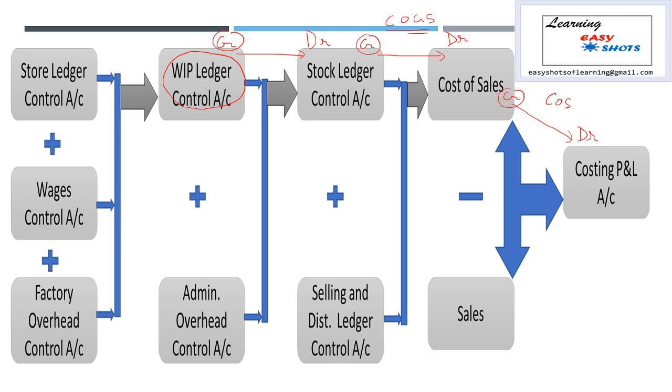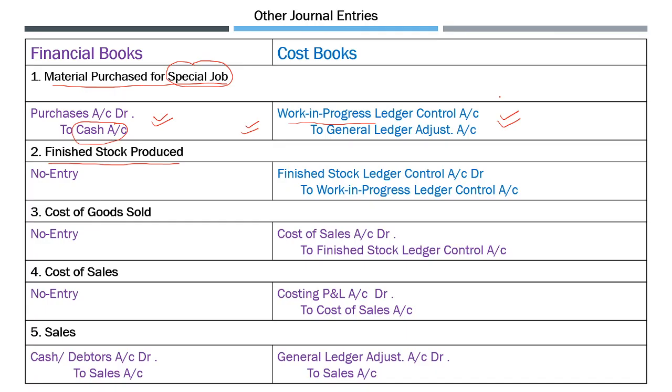So now we see the general entries. In case of finished goods, finished stock produced, we debit the finished stock ledger control account and credit the WIP ledger control account from where the goods produced and transferred to finished stock ledger control account. And in case of cost of goods sold, the finished stock balance is transferred to cost of sales.